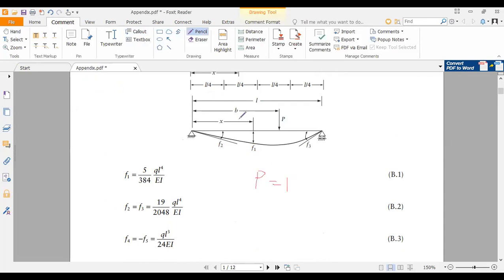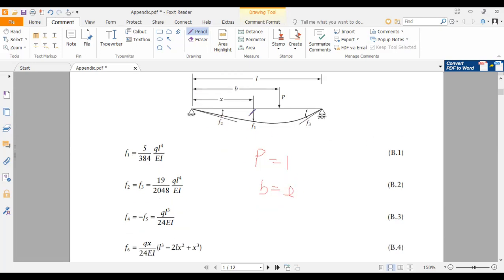right? So b is the distance to the load from the left end. Now b is actually L, because our beam is 2L, right? The place where we want is actually the middle. We apply the load at the middle and we take the displacement at the middle. So that means x is also L, right?